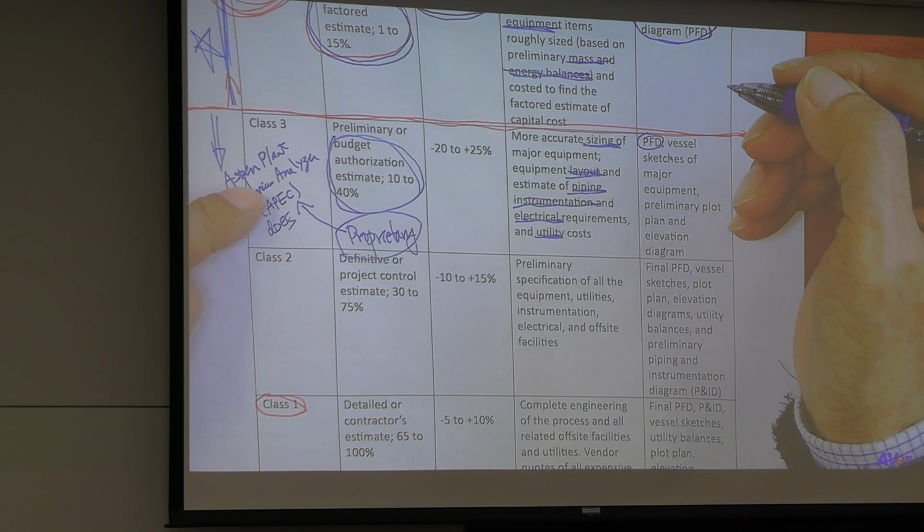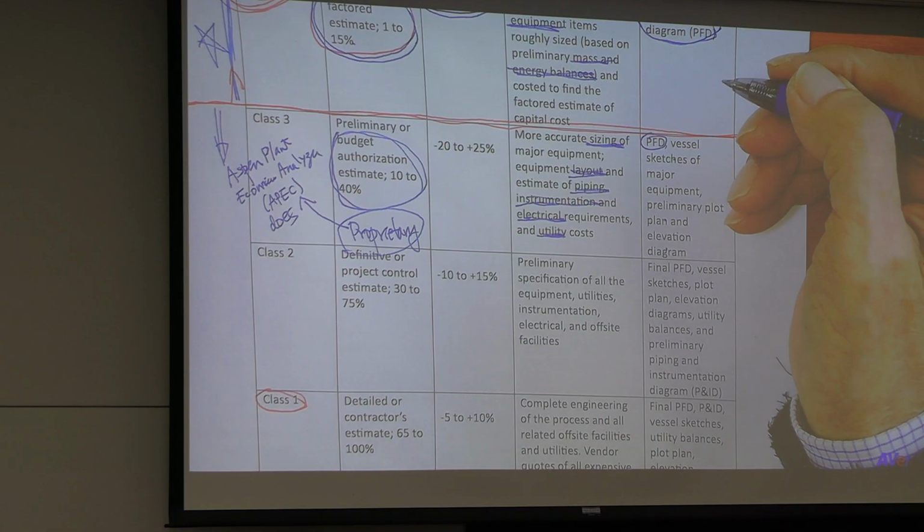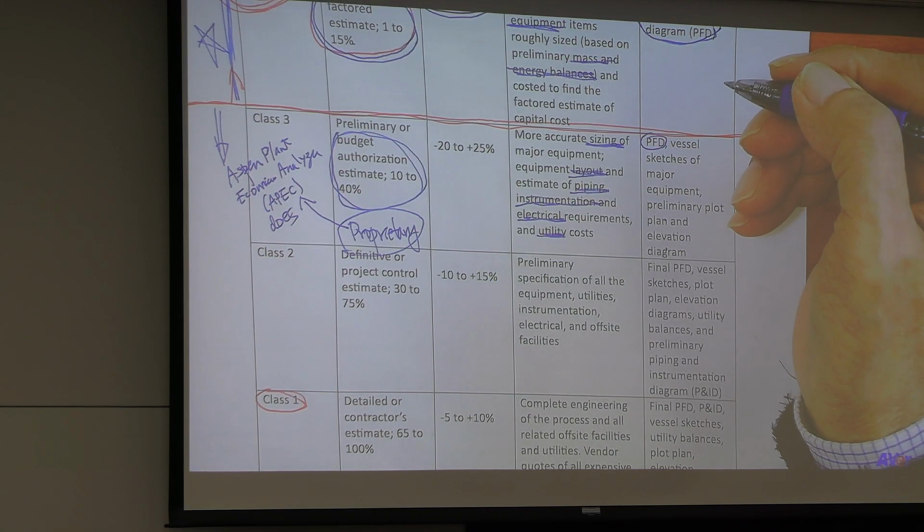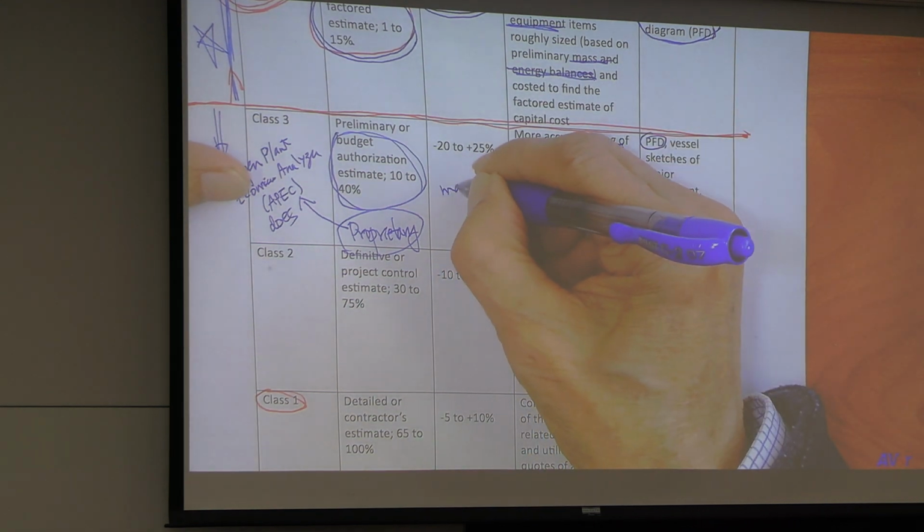And Aspen does not have the model for many common process equipment, such as catalytic reactor, mixer, to change that to a heat exchanger. So they want to change your process flow sheet equipment to their internal model. That process is called mapping.